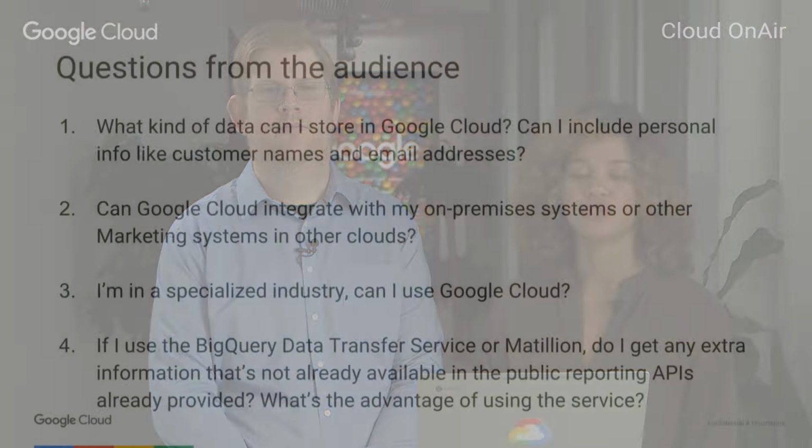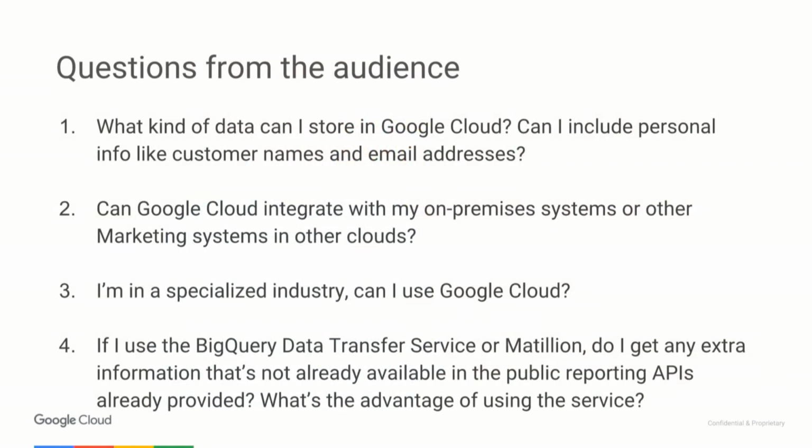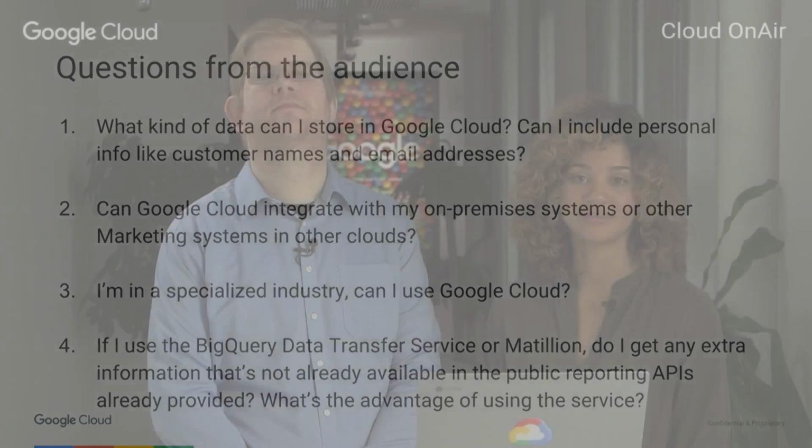And then the last question. So if I use the BigQuery data transfer service or Matillion, do I get any extra information that's not already in the public reporting API? The answer is no. You actually don't get any extra information that's not included in the APIs.